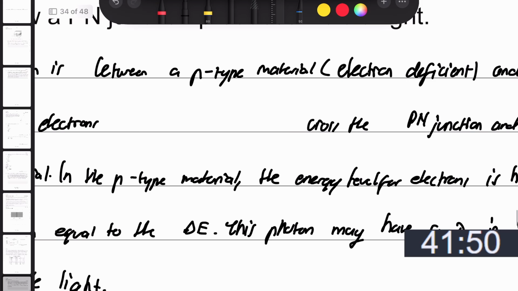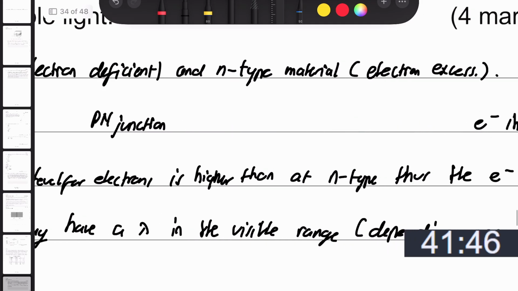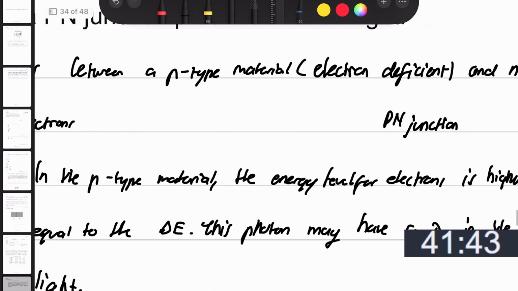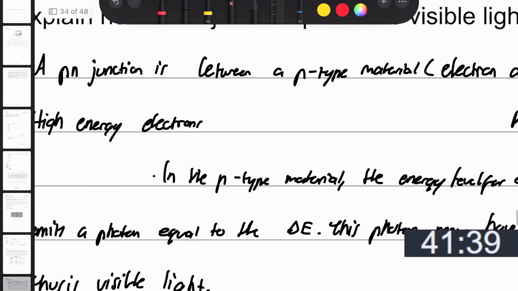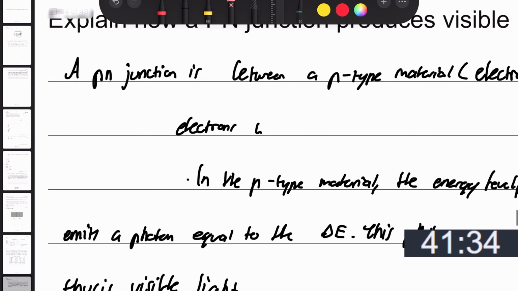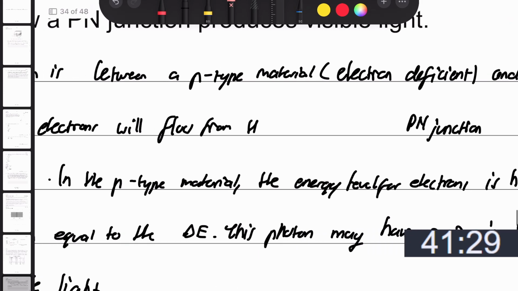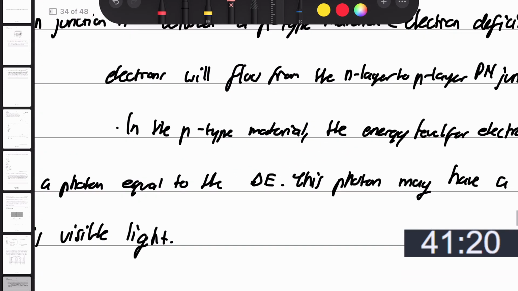Electrons, I'm going to say, will flow from the N layer to the P layer. And the P layer of material is higher than an N layer, that's the electron, to the lower one.